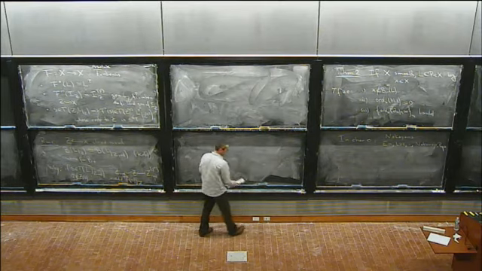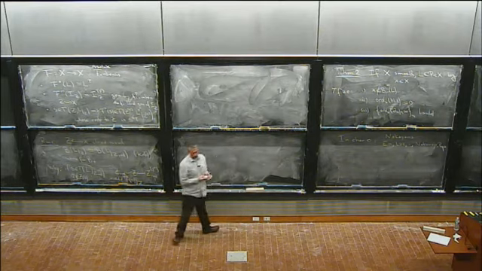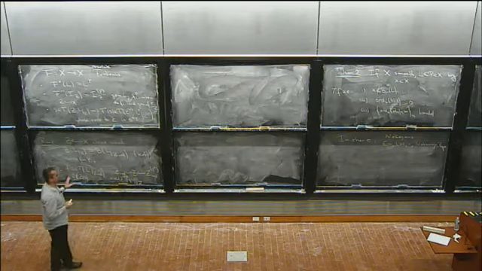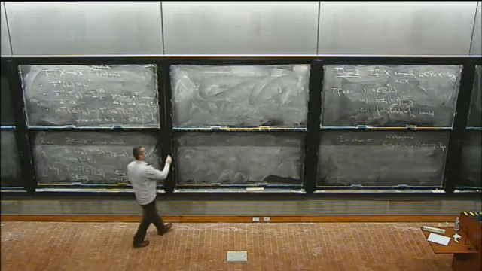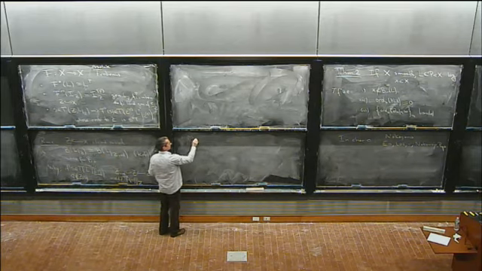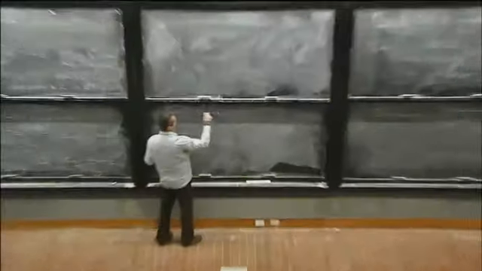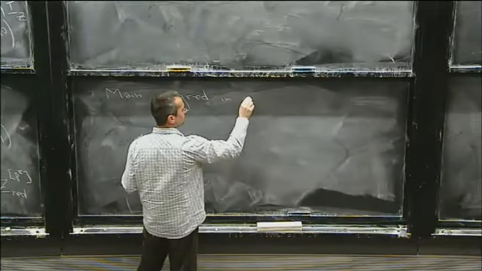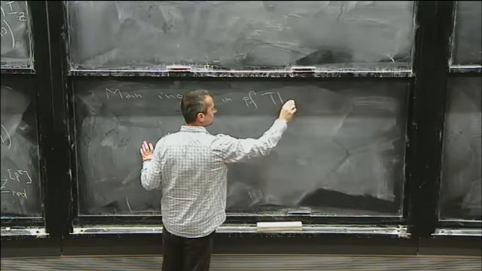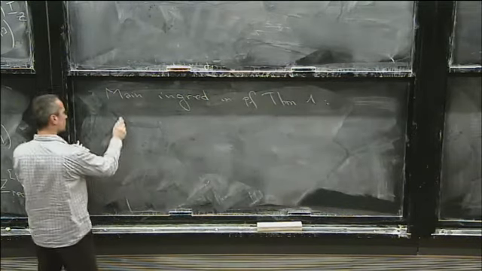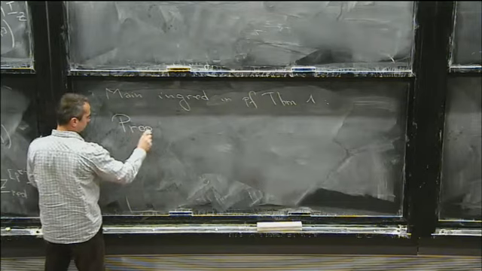All right, so now let me say just a few words about the main ingredient in the proof of Theorem 1. This is a proposition due to James, which says the following.